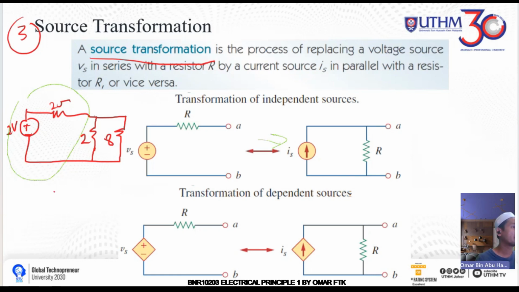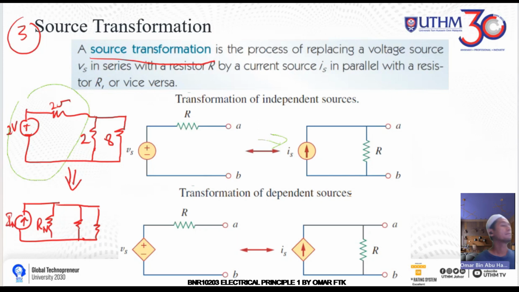For example, we can transform it into a current source like this, in parallel with a resistor. The values we have to calculate are IN and RN. The 2 and 8 remain the same, and the resistor remains the same, but for the current there is a formula to determine the value, so that it is comparable to the above circuit. That's why we call it source transformation.